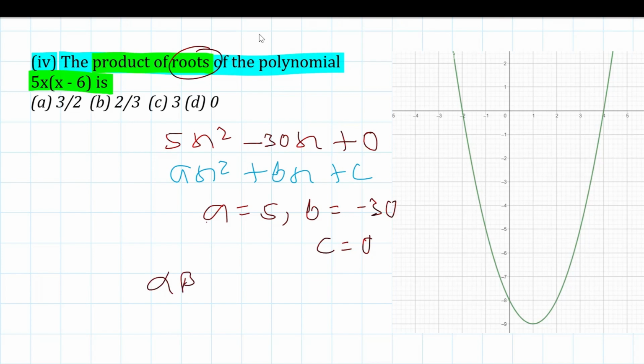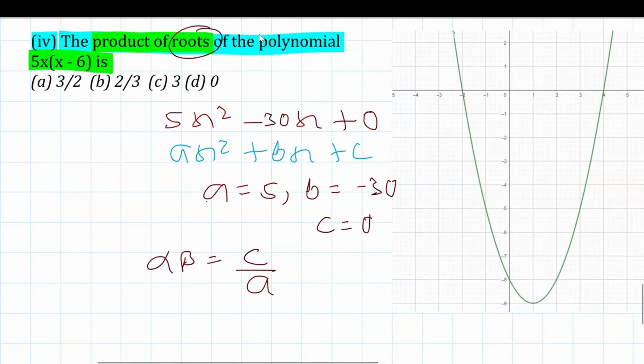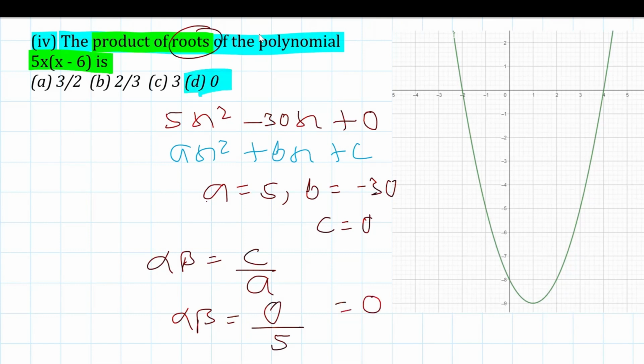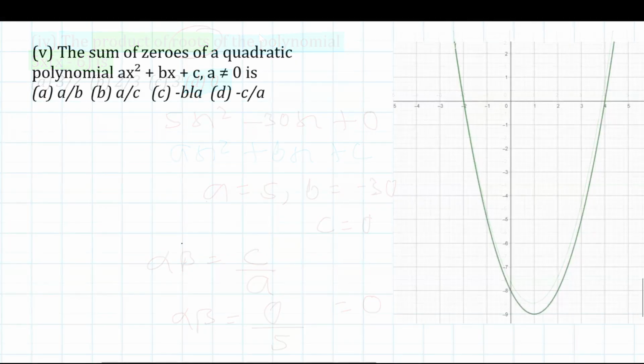Product of the zeros is equal to c by a, the constant term divided by coefficient of x. So now what is c here? C is 0. So 0 divided by a, and what is a? A is 5. So that results to give you what? 0. Yes, we have an option, and that is D is the correct option in this case.